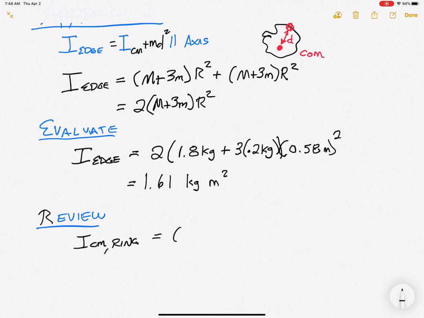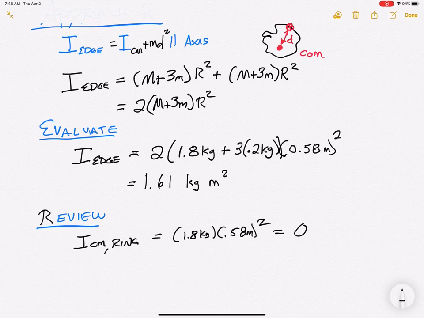And that's just going to be the 1.8 kilograms, 0.58 meters squared. Keep in mind that it's easy to rotate a ring about its center of mass. So we would expect this value to be lower than the value we found.